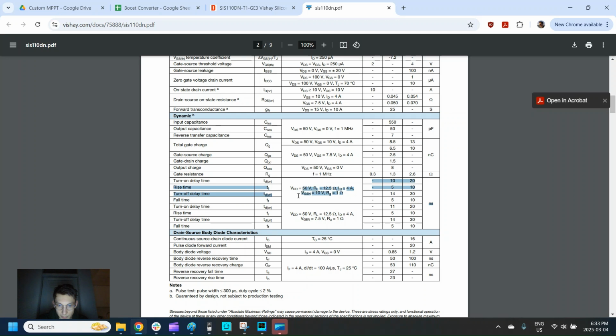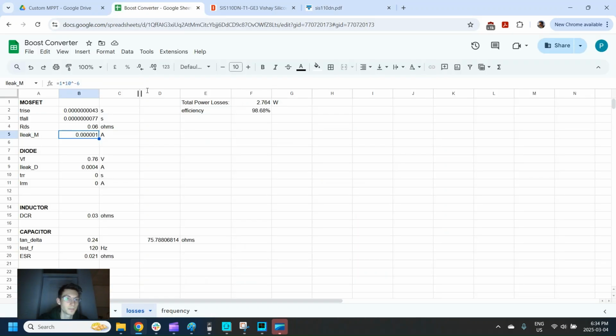Looks like we have two different parameters that they tested at here. 4 amps. Oh, okay, so they're either running it with 7.5 volts or 10 volts. So we'll just choose the average there. I don't want to get too much into that. And we see that our rise time is in the 5 to 10 nanosecond range, and our fall time is in the 5 to 10 nanosecond range. So we can pop those in here.